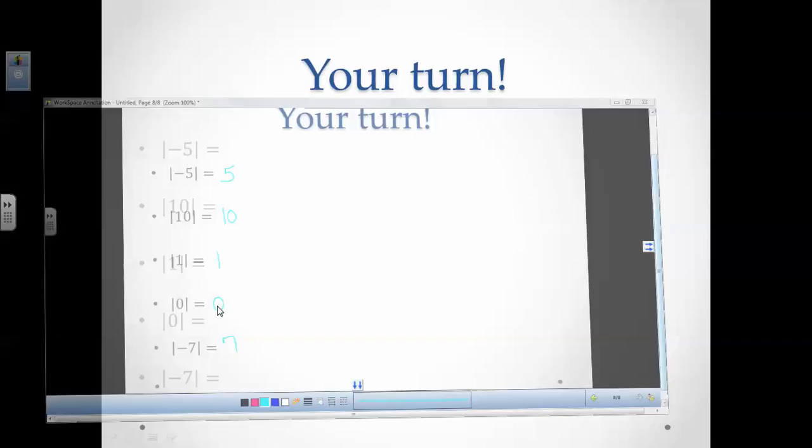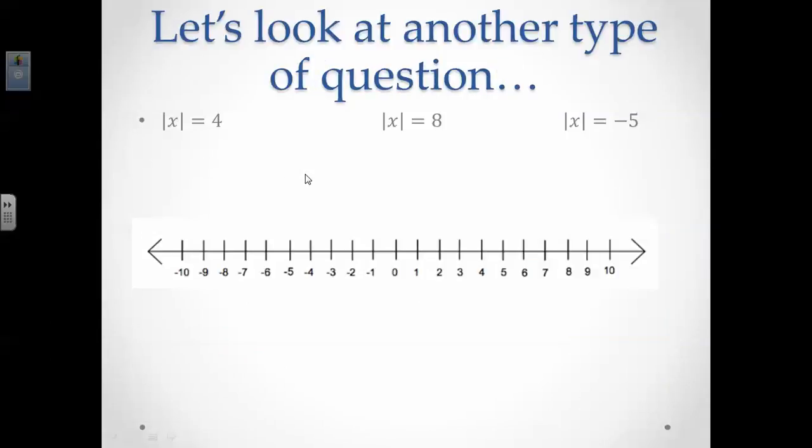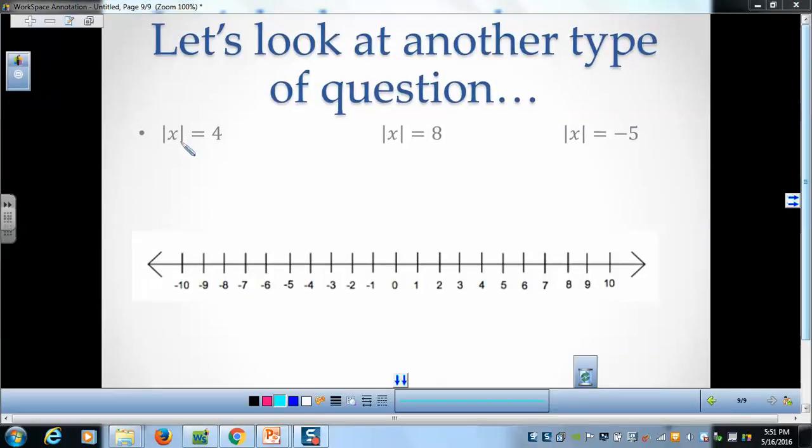Now let's change the question just a little bit. Notice we started with an integer or a number for all of our previous examples. Now we have this variable in here. Instead of asking for the absolute value of a specific number, we're asking what numbers have a specific absolute value. So this is saying we have the absolute value of x is equal to 4.